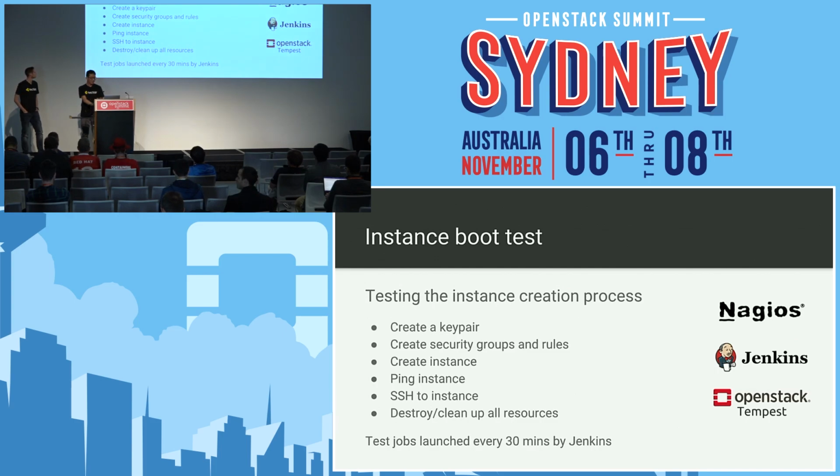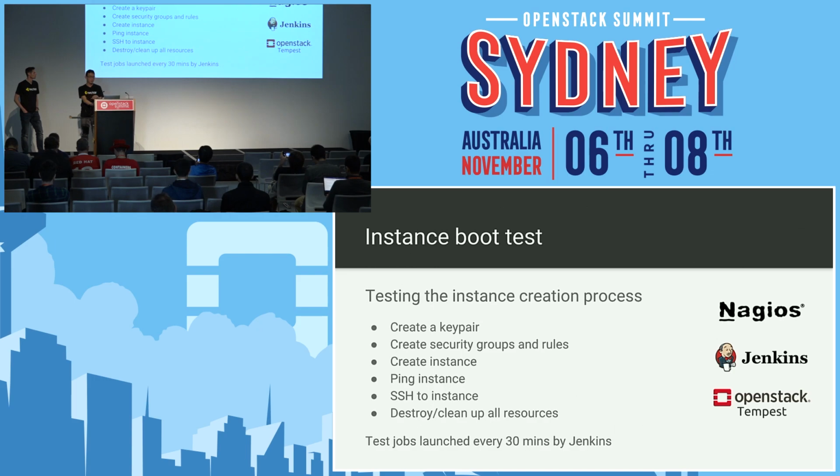So an instance boot test, this is the automated test. This does a few things in very quick succession. Create a key pair, create a security group, create an instance, and then it will poll the instance for the status and wait for it to become active.